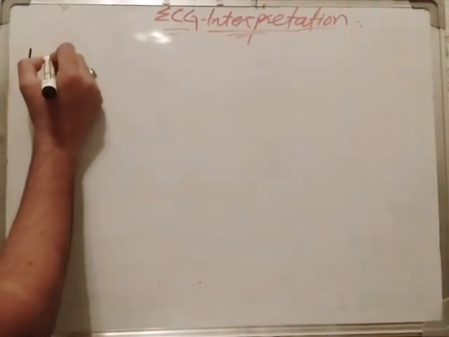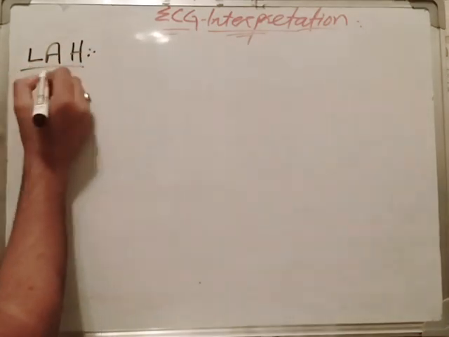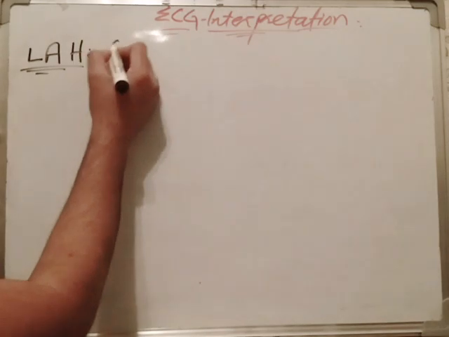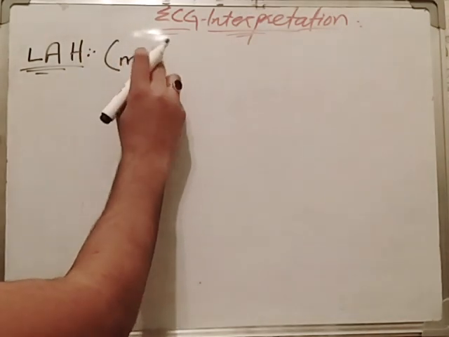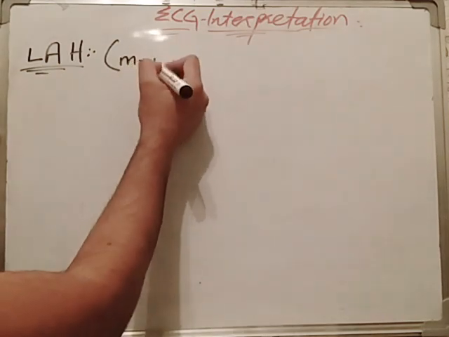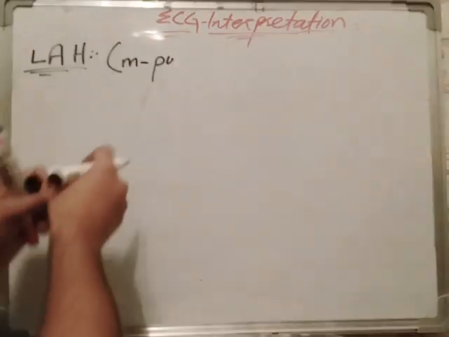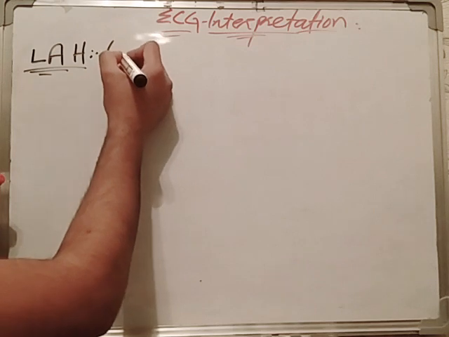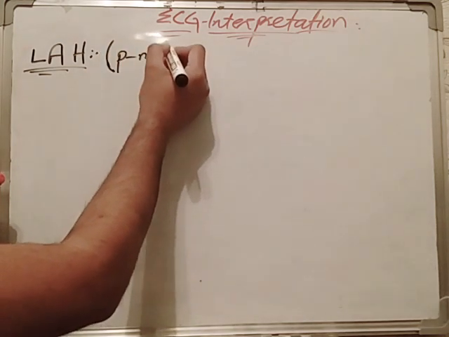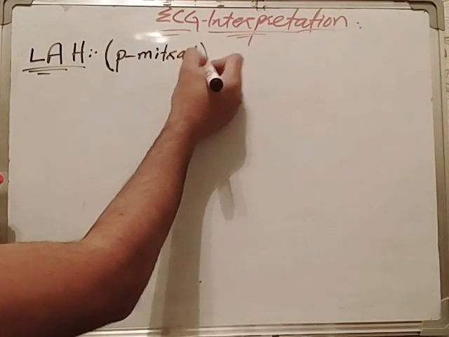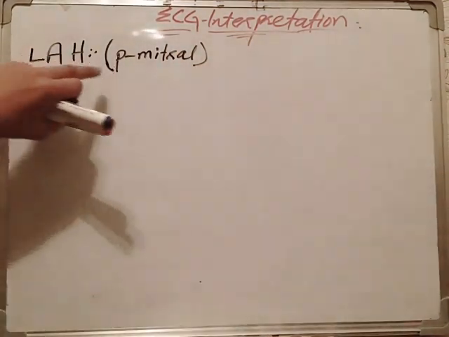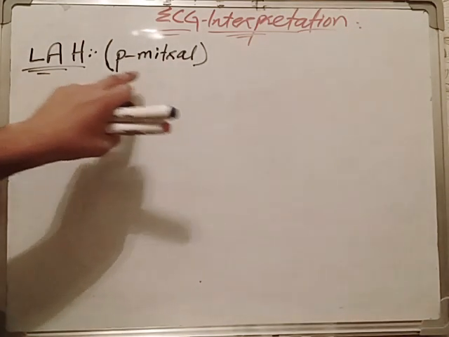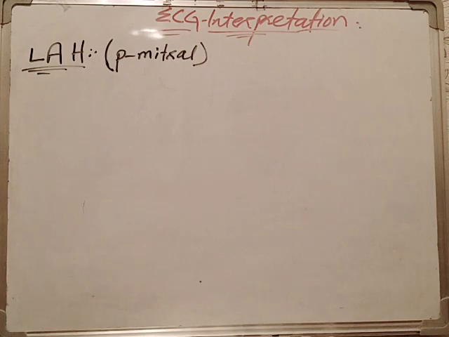In case of left atrial hypertrophy, the P wave is called P mitral, and the right atrial hypertrophy is called P pulmonale, because right atrial hypertrophy is mainly due to pulmonary hypertension.